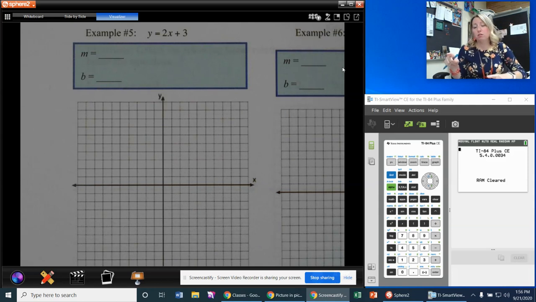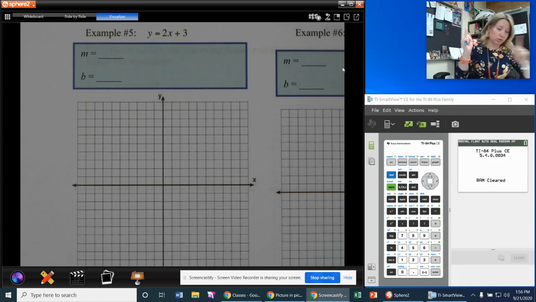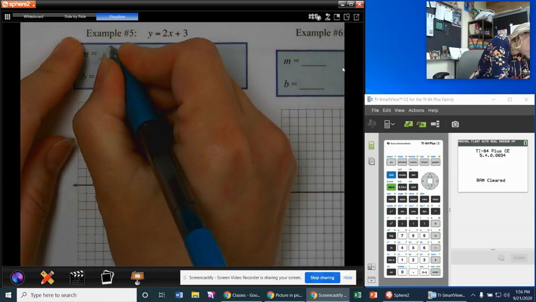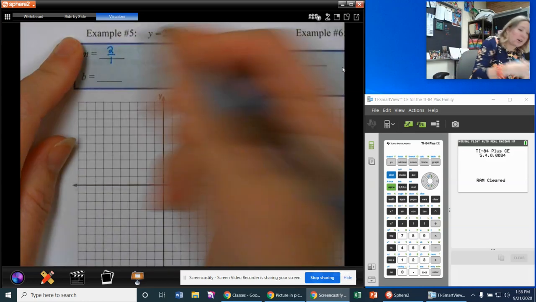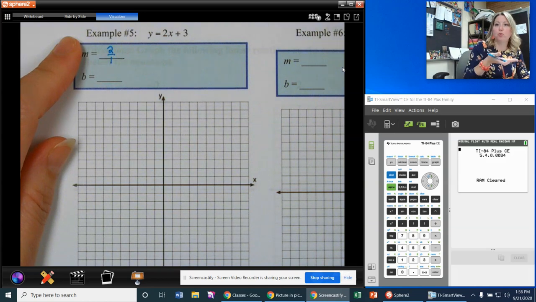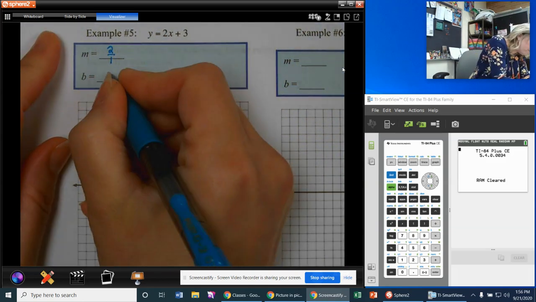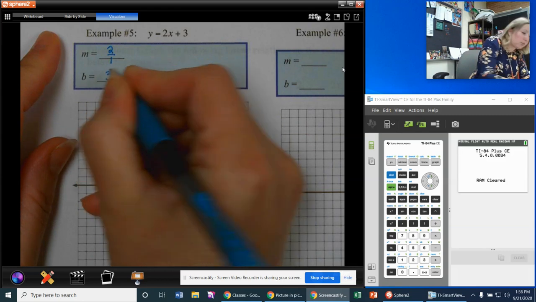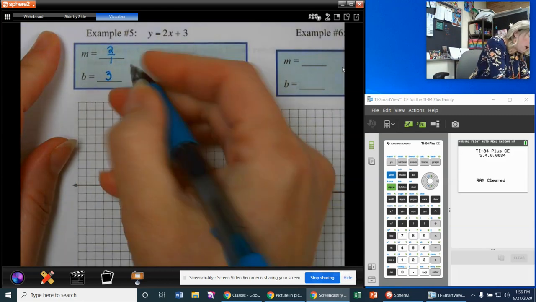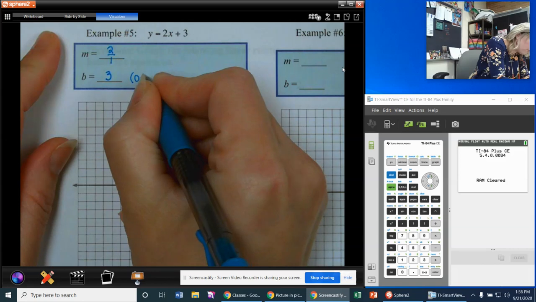The number by itself being added or subtracted on the end, that's your y-intercept. So here, my slope is 2 over 1, the number in front of x, and I've placed it in fraction form because I just put it over a 1 in a fraction when it's a whole number. My y-intercept is 3. That means the first point I graph is 0, 3.